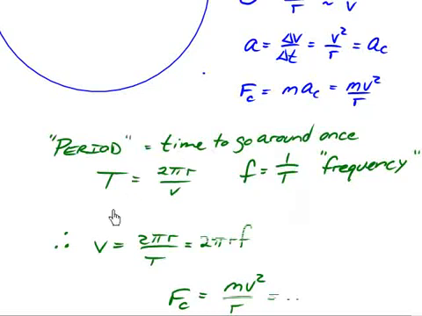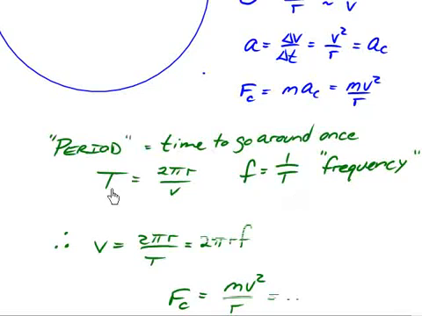So if you think about T, the period, as the number of seconds it takes for one revolution, then the inverse of that is the number of revolutions per second. And you can use different time units. One that gets used a lot is revolutions per minute, or what most people call RPM.